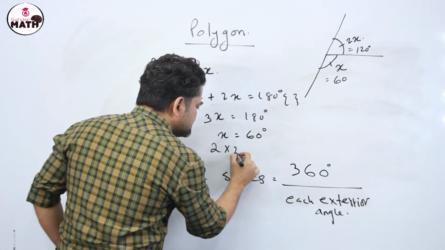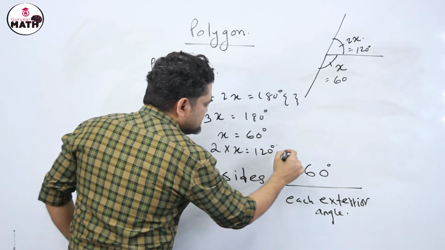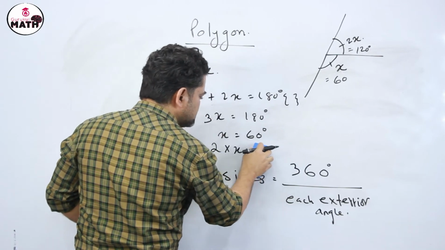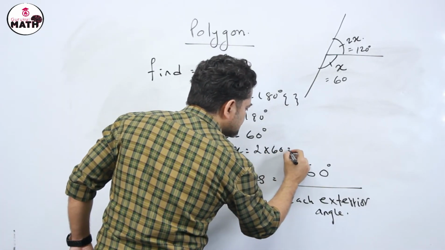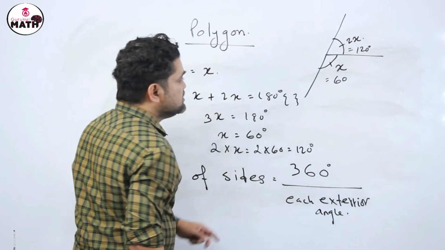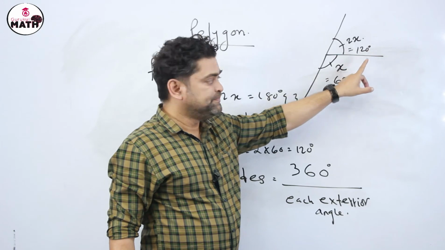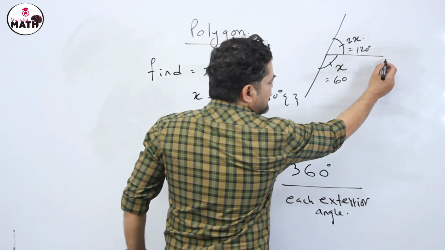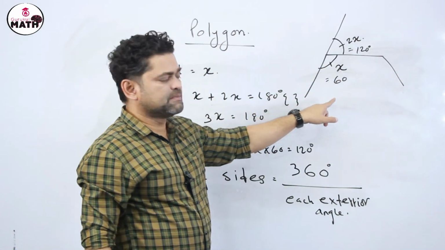If you don't understand, for the exterior angle I'm showing you again: twice x means 2 into 60, which equals 120 degrees. So you see this 120 degrees is an exterior angle. This 60 degrees is an interior angle of a polygon. If I draw one more side, you can understand that this is part of a polygon.